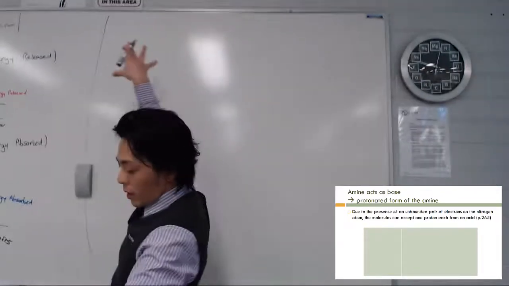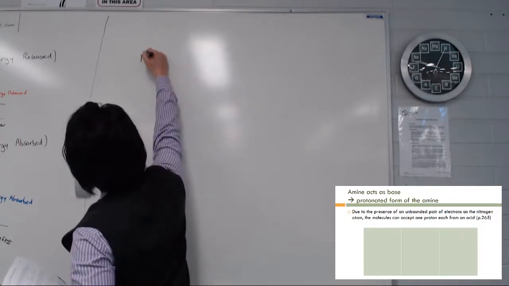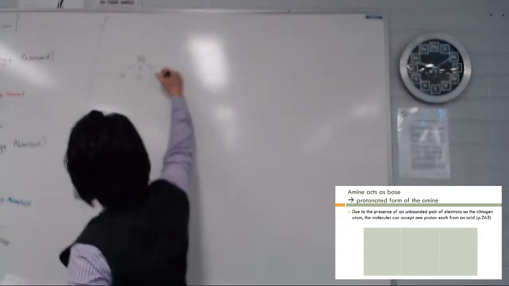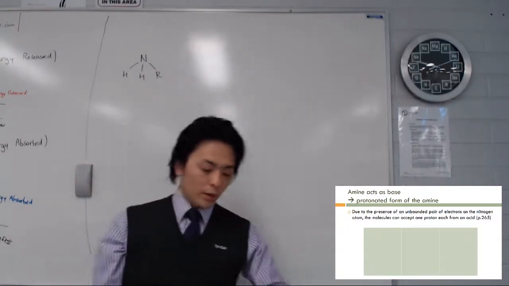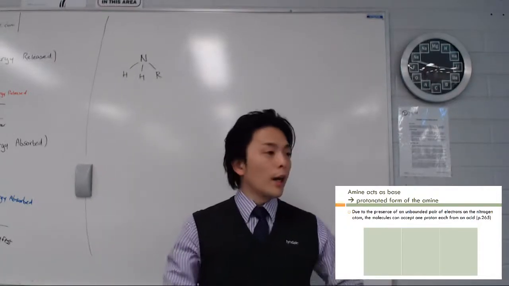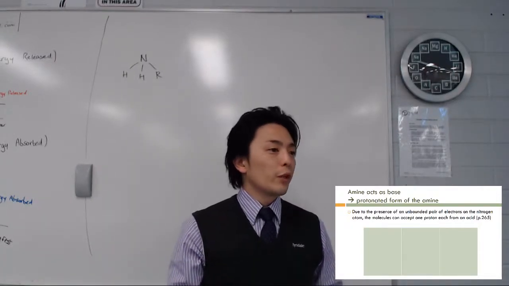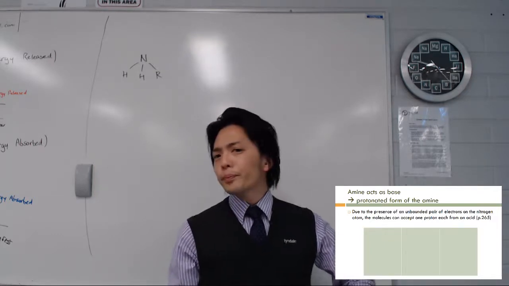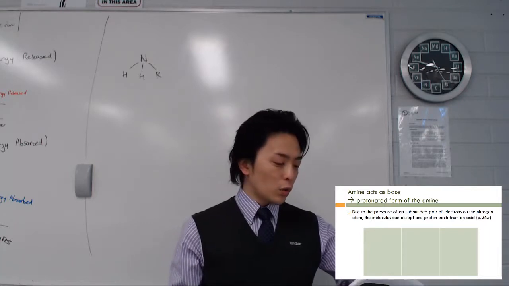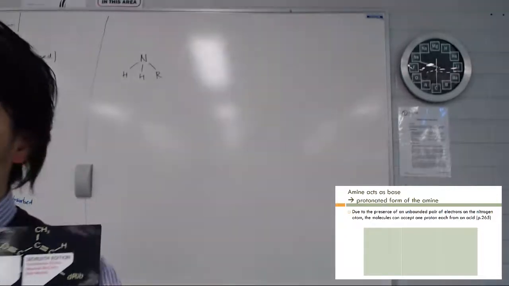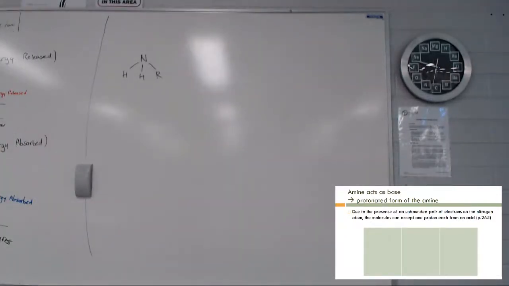So starting with N here. Now, methanamine that you can see in the first box there, you agree that that's a primary amine? There's 1 carbon chain there attached to nitrogen. Now, when it accepts a proton, what's going to happen? It gets protonated.